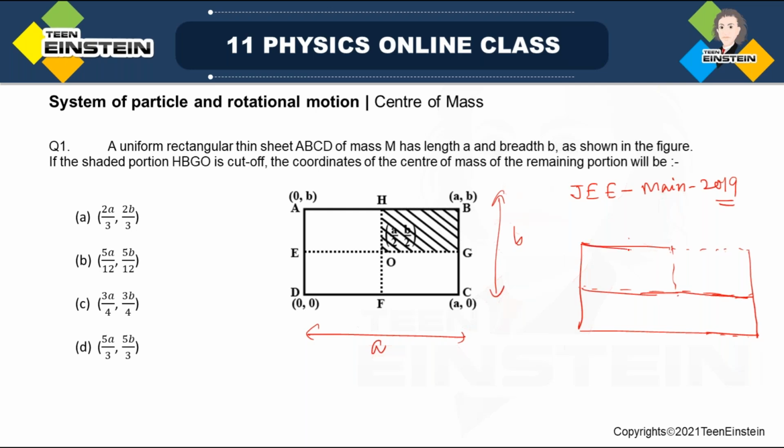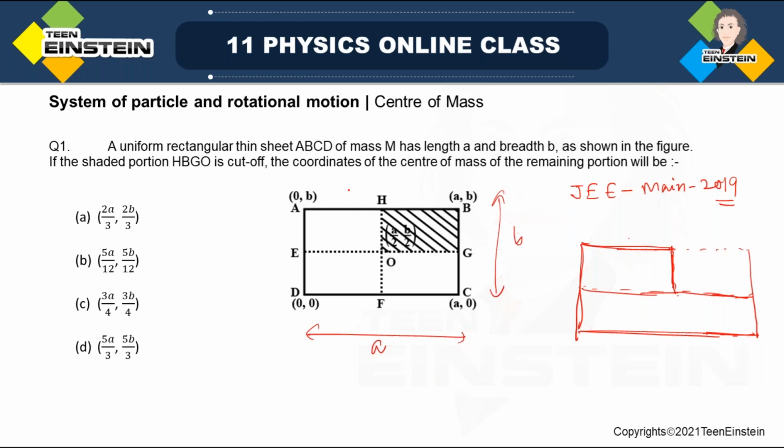Now for this configuration, where will be the center of mass coordinate? This is actually very simple.